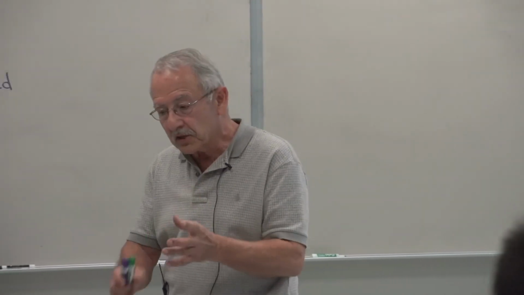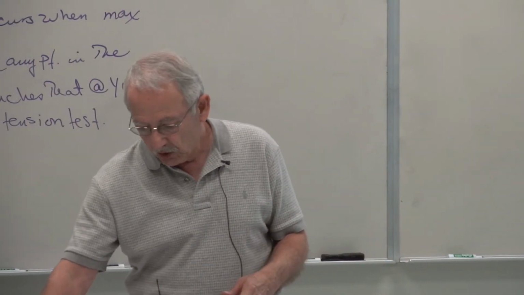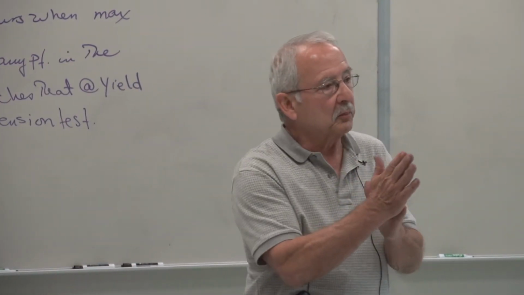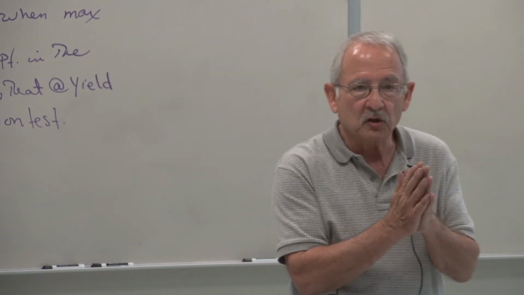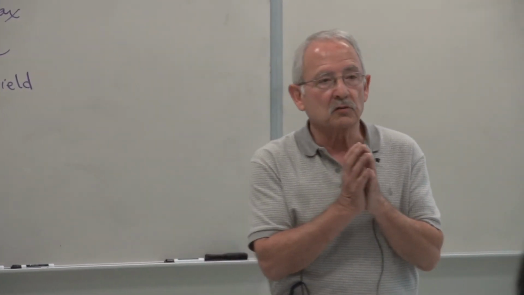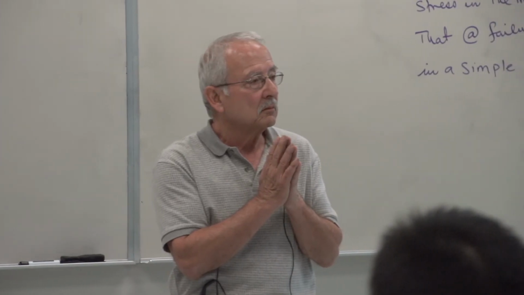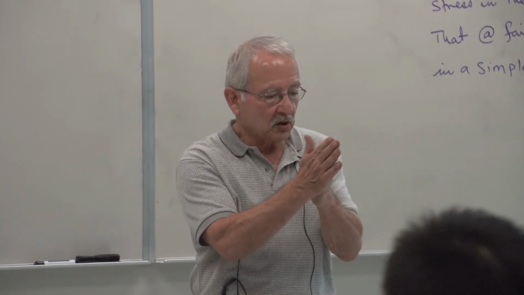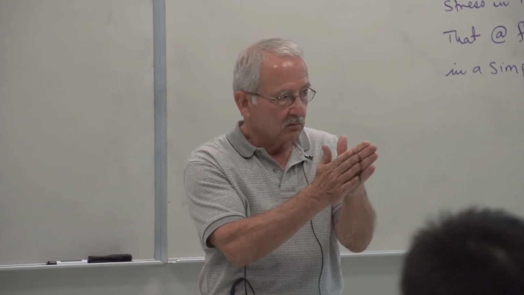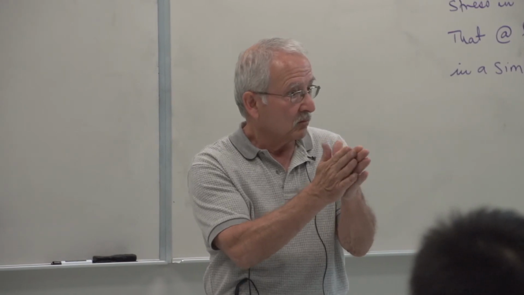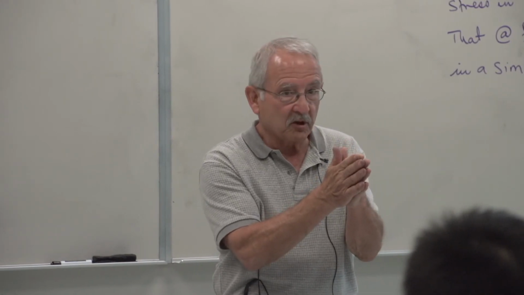In order for planes of atoms of the material to slip past one another and produce what is called permanent deformation, what kind of stress is required? Shear. You need a shear stress here. Does everybody understand that?